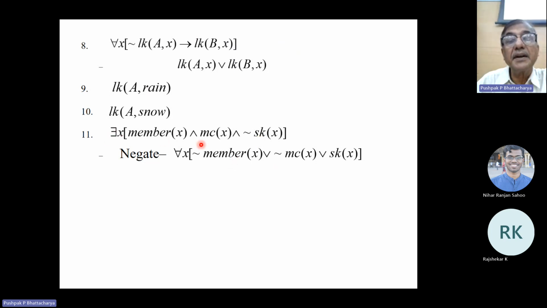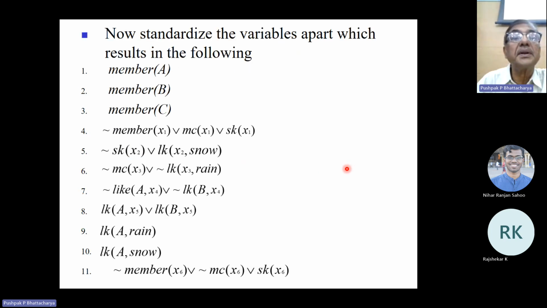So there exists x member x and MC x and not SK x becomes for all x, not member x or not MC x or SK x. So this is the new clause which is added to the knowledge base. And then we have to standardize the variables.